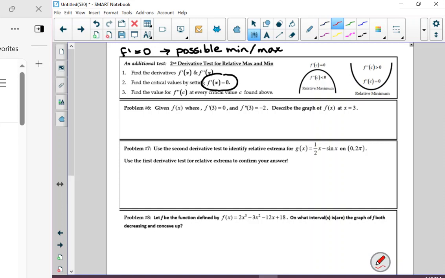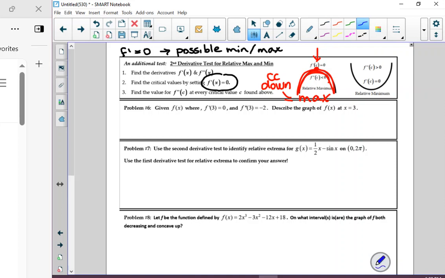If I'm sitting at an f prime equals 0 point, and I know that the curve around that point is concave down, a concave down shape around a critical value for f prime equals a max. Because if you're concave down around a point, that point has to be the peak.